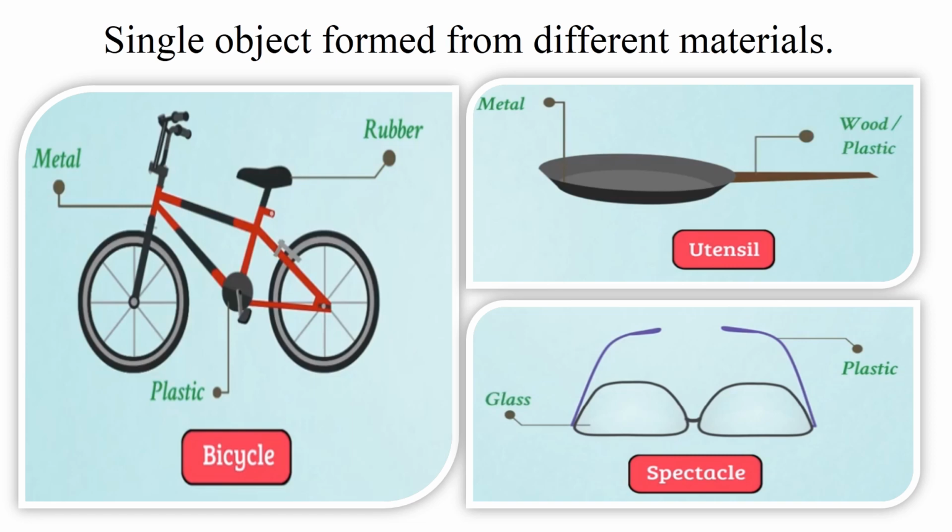For example, a bicycle is made up of rubber, metal, and plastic. A utensil is made of metal with a handle of wood or plastic. A spectacle is made of plastic and glass. So now we know that an object could be made up of only one material, or it could be made up of many materials.